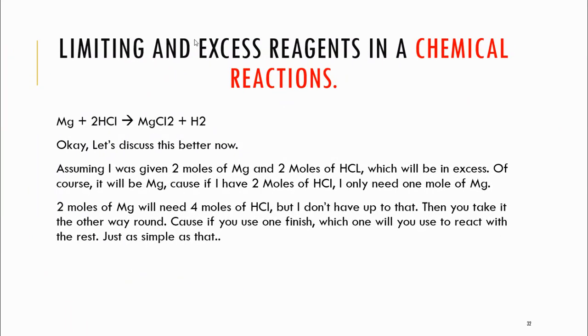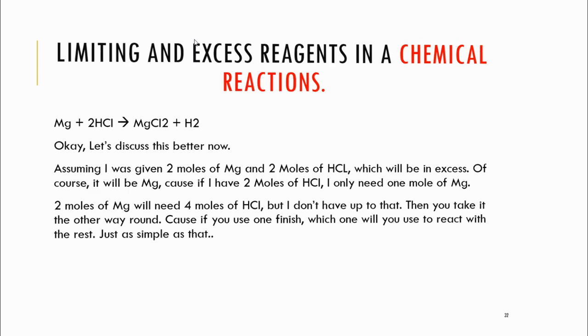So let's take this better. Assuming I was given 2 moles of magnesium, 2 moles of magnesium will need 4 moles of HCl. Then you can say 1 mole of magnesium will need 2 moles of HCl. Now I've used up my HCl, but I still have magnesium left. The one that is left over is the excess reagent. The one that I use up is the one that limits the other one. That's what they call the limiting reagent.